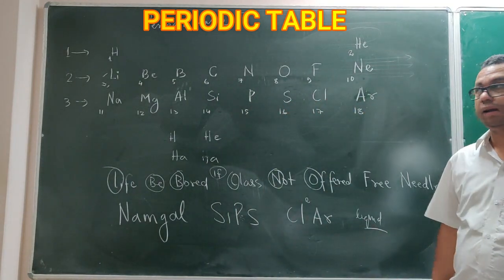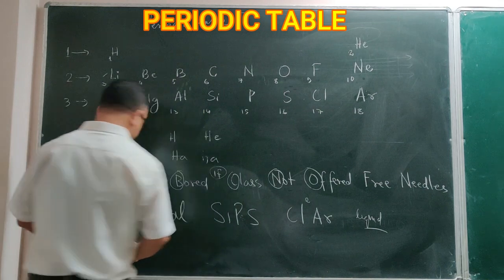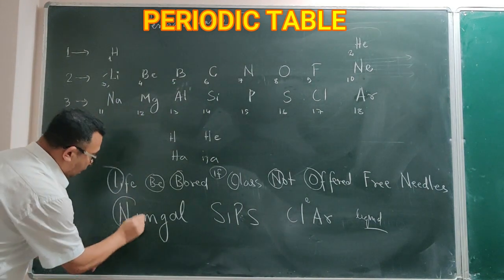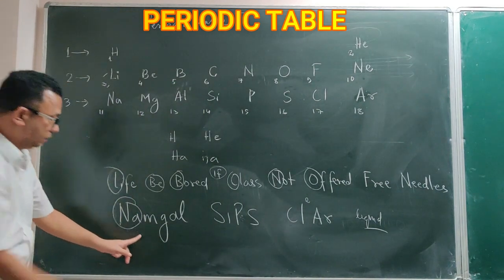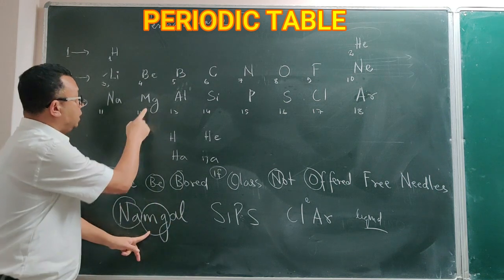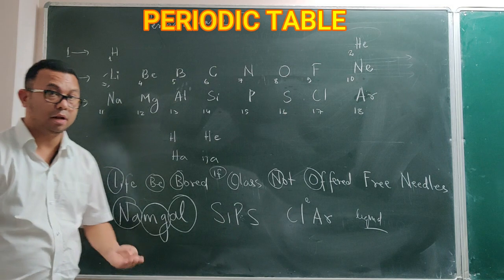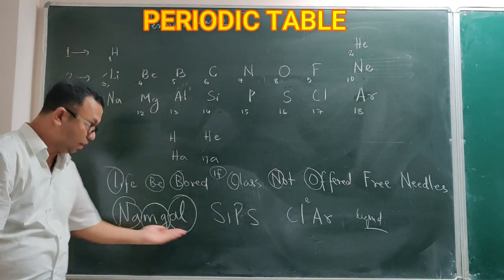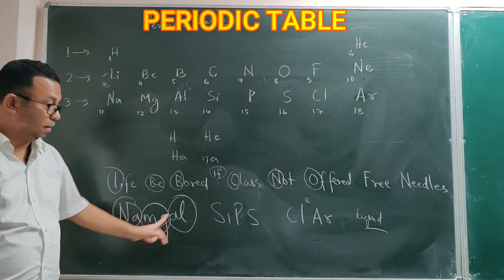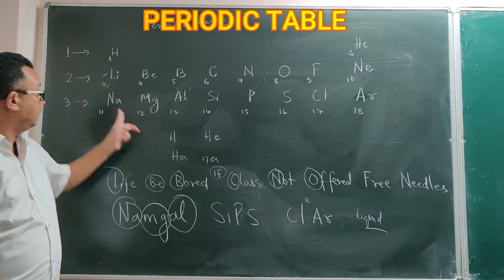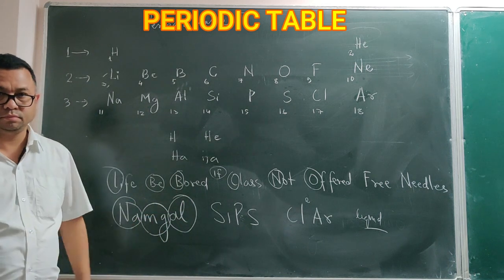Alright, now how will it help us? Now look at this. Na, yeah, sodium. Mg, there you are, magnesium, Al. So our friend Namgyal is helping us in remembering three elements: Na, Mg, Al.